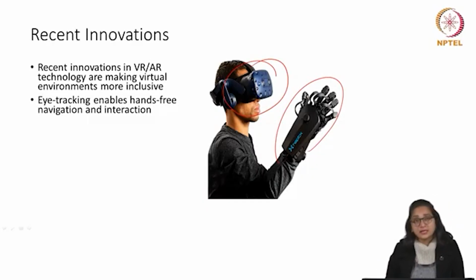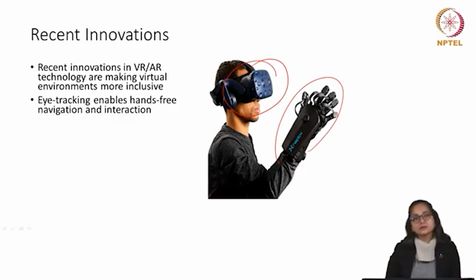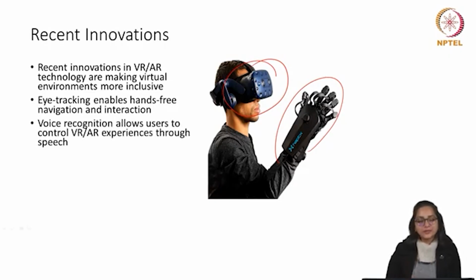Eye tracking enables hands-free navigation, so you don't need a remote at all times to interact with the virtual environment. Just based on where your eyes are looking, the system is able to understand what you want to do, and you can gaze on a button for a few seconds in order to enable it. All of those kinds of interactions are becoming possible.